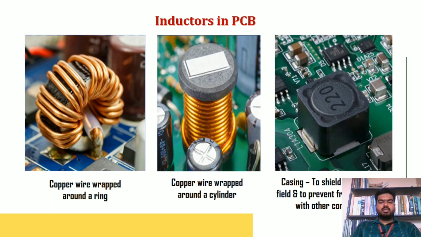And see inductors in a PCB. On a PCB board, how does the inductor look? You can see copper wire wrapped around a ring, copper wire wrapped around a cylinder, and casing to seal the field. So many types of inductors are available on the PCB board.